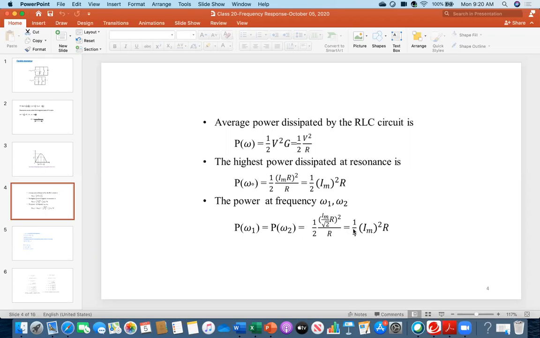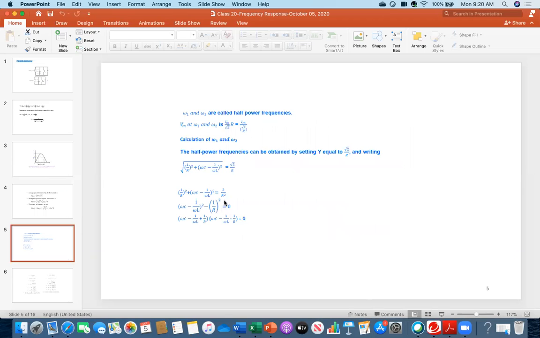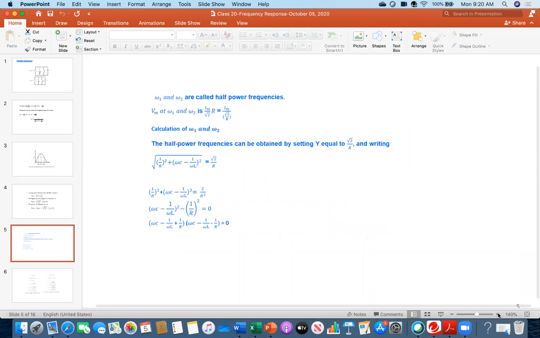So it is 1 over 4 Im squared R. I think everybody understands this calculation, right? Yes. Okay, good.